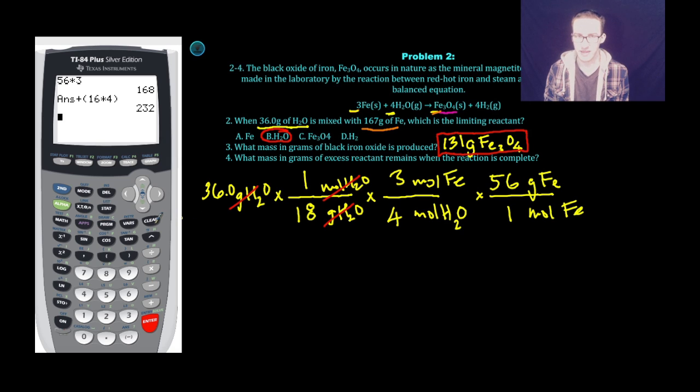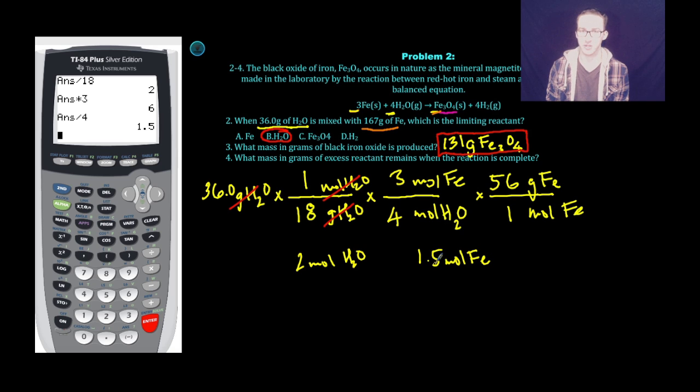Now for this one, I'll use my calculator. We've got 36 grams of water times 1 over 18 means I have approximately 2 moles of water in that 36 grams, which means that I will take that 2 moles, multiply it by 3, divide it by 4, and recognize that I will need 1.5 moles of iron to react all 2 moles of that water.